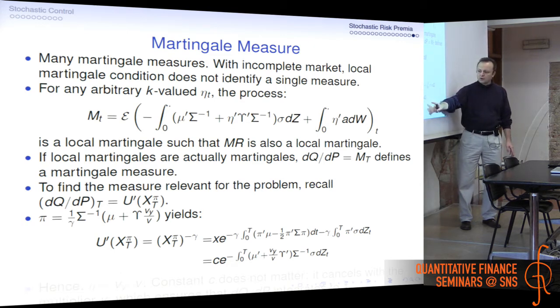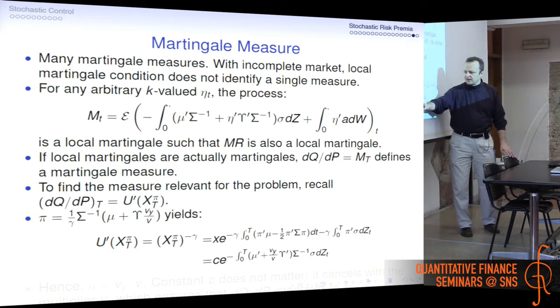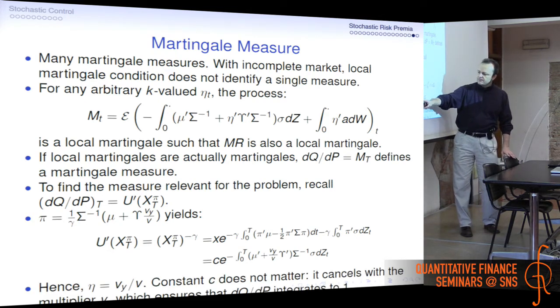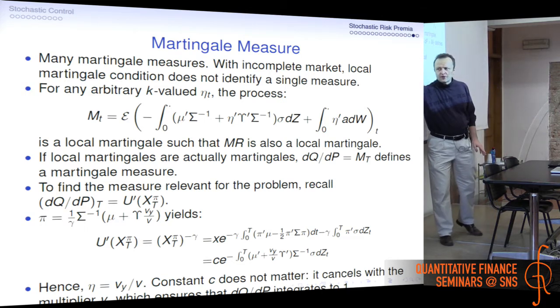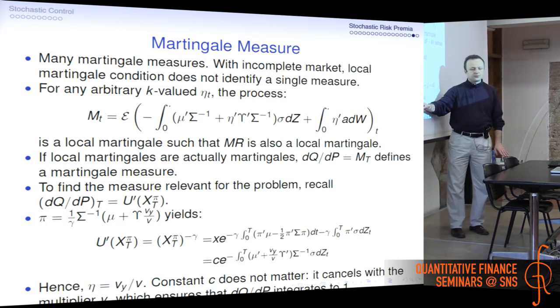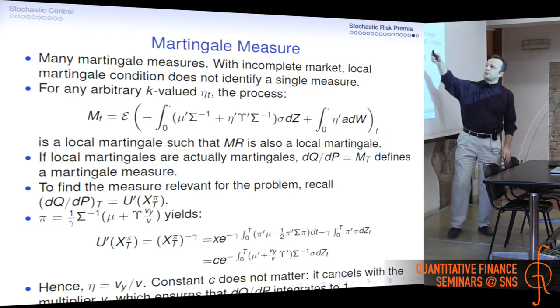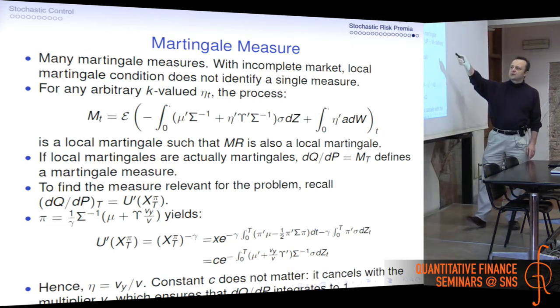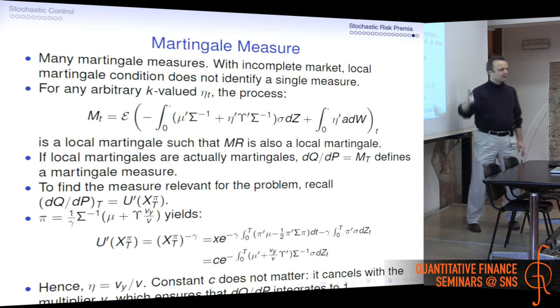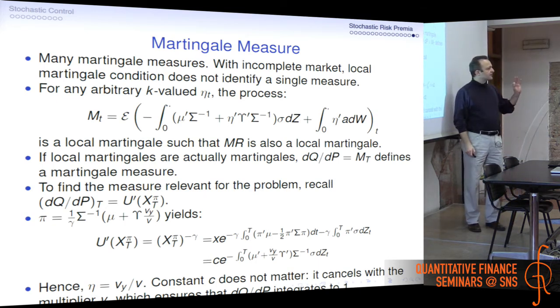So with this expression, you see that in this integral, you still have the same term that you see in the optimal portfolio. Okay? Which tells you what is the value of eta that you have to plug in this general expression for the stochastic discount factor. Okay? So if you have solved the portfolio choice problem, you can find immediately what is the martingale measure that you have to pick.